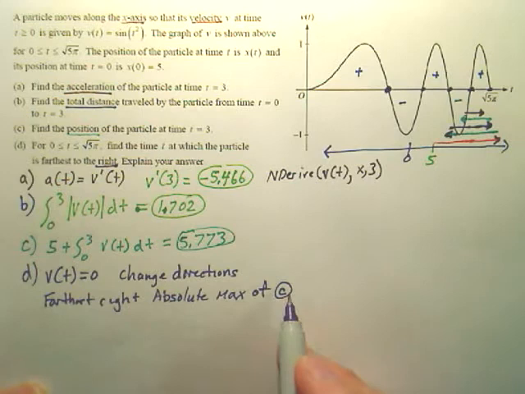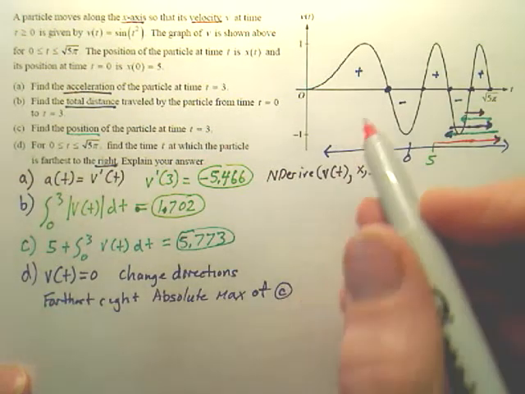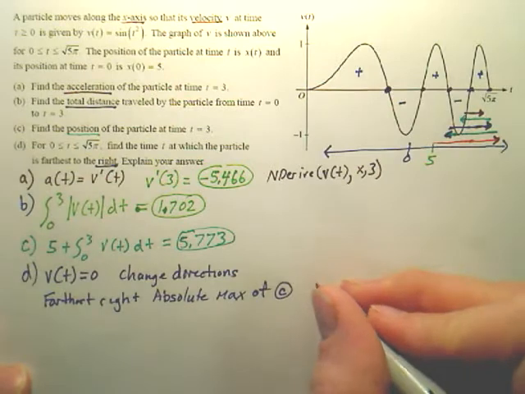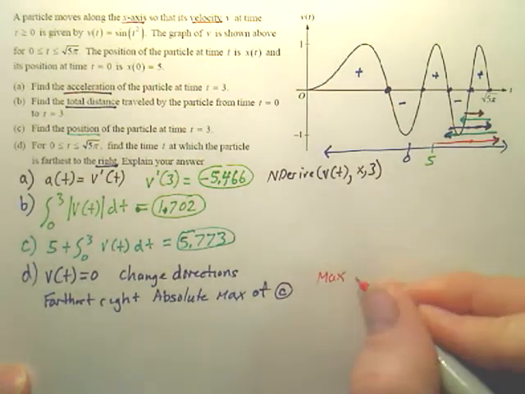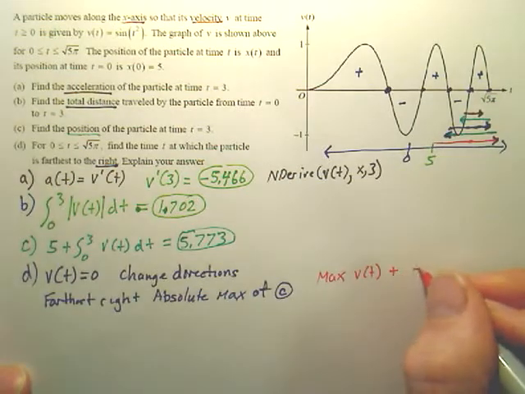This is problem C. Now to find the absolute max of C, don't we set our derivative? Isn't this velocity? For a max, isn't that when v of t is going to change from positive to negative? Isn't that going to be a max?